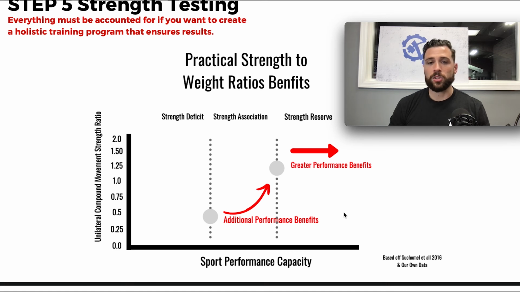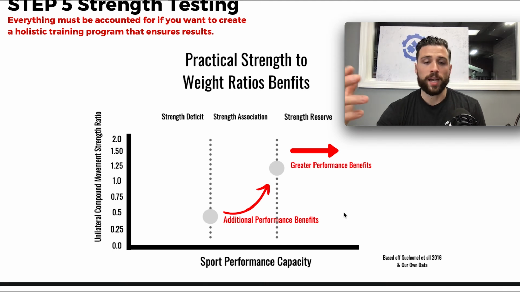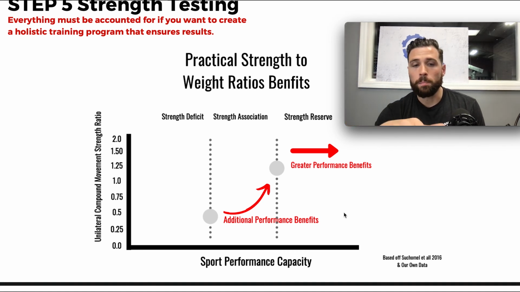Strength deficit, strength association, strength reserve. We found that there were dramatic additional performance benefits when an individual could perform, or improve, I should say, their lower body total unilateral strength from 0.25 up to about 1 to 1.25 their body weight.